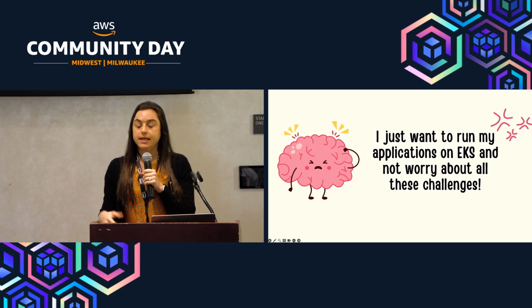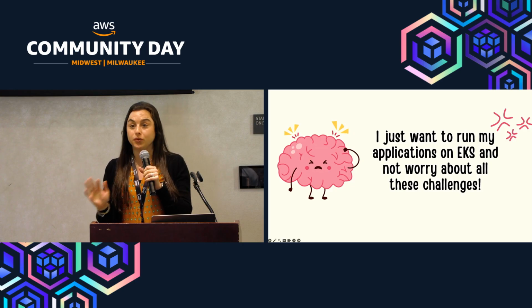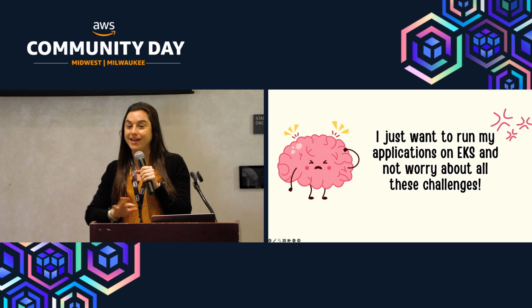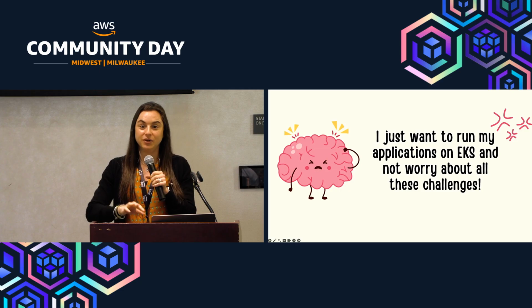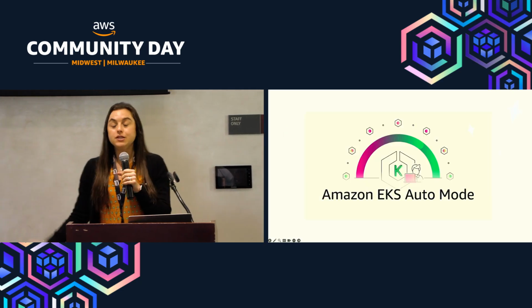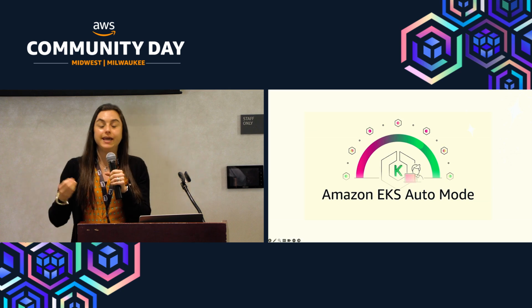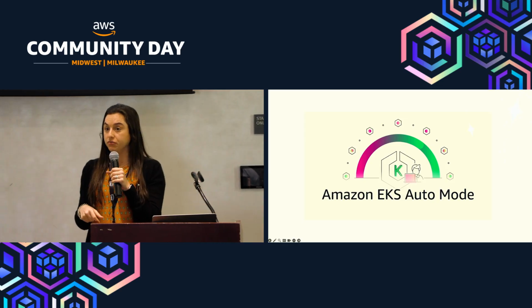And AWS has heard this a lot, people saying, I just want to run my application. I don't want to know anything about what's going on underneath. I just want to click a button and hope my application is running. And that's why they launched EKS Auto Mode. They just launched it in December at re:Invent.